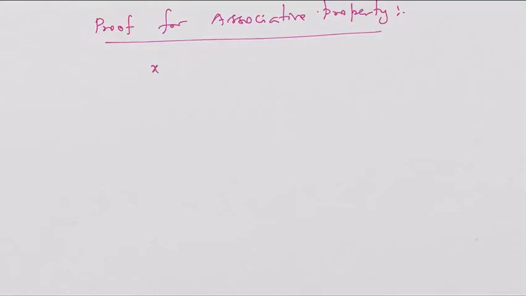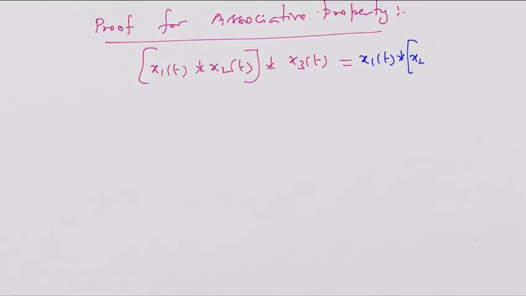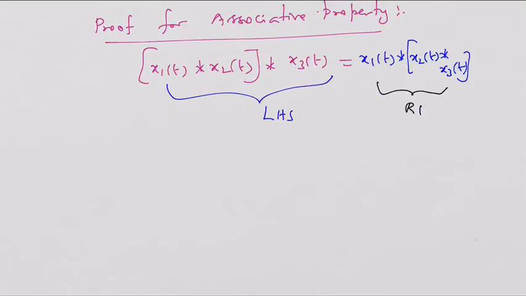First of all, I would like to write it: x1 of t convolved with x2 of t, the result is convolved with x3 of t, is equal to x1 of t convolved with the result of convolution of x2 of t with x3 of t. I need to identify the left hand side as well as the right hand side. This portion is called LHS, and this side is RHS.